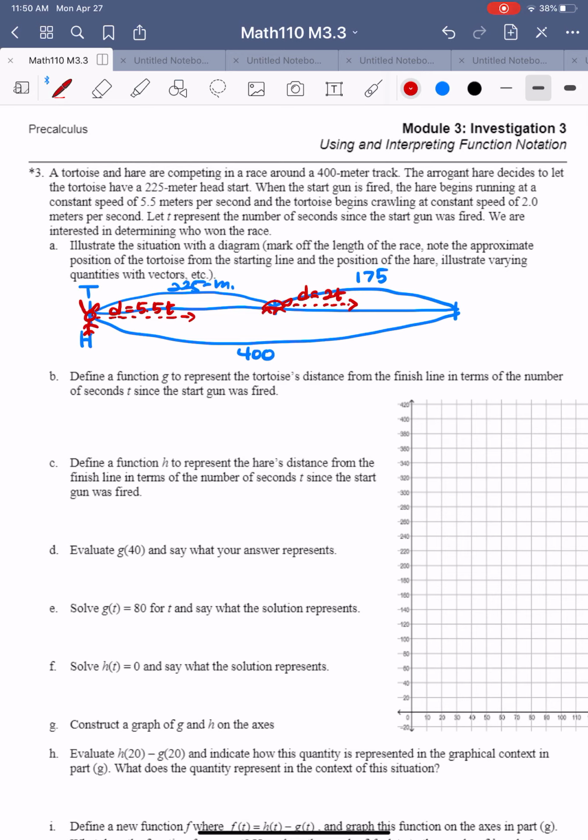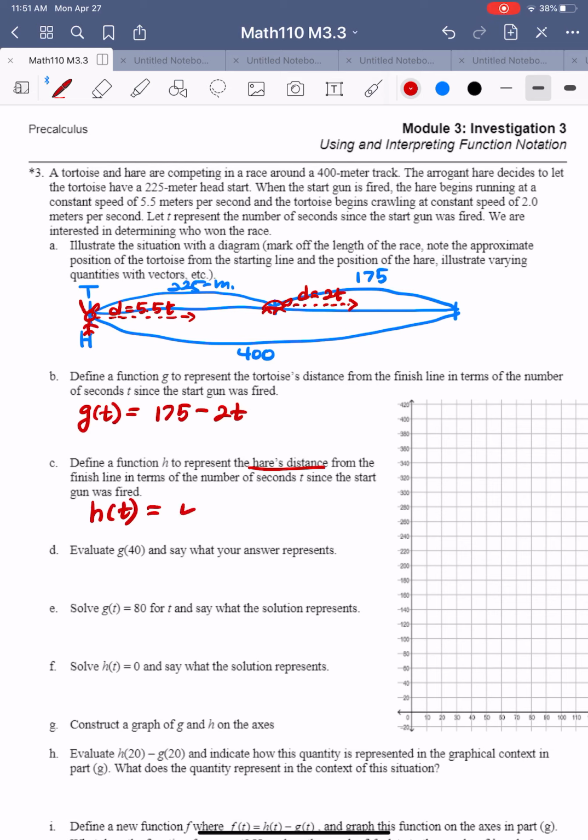So Taurus only needs to go 175, but each second he goes 2 meters, so it's 2t. And then define the function h for the hare's distance from the finish line in terms of the number of seconds t since the start gun was fired.